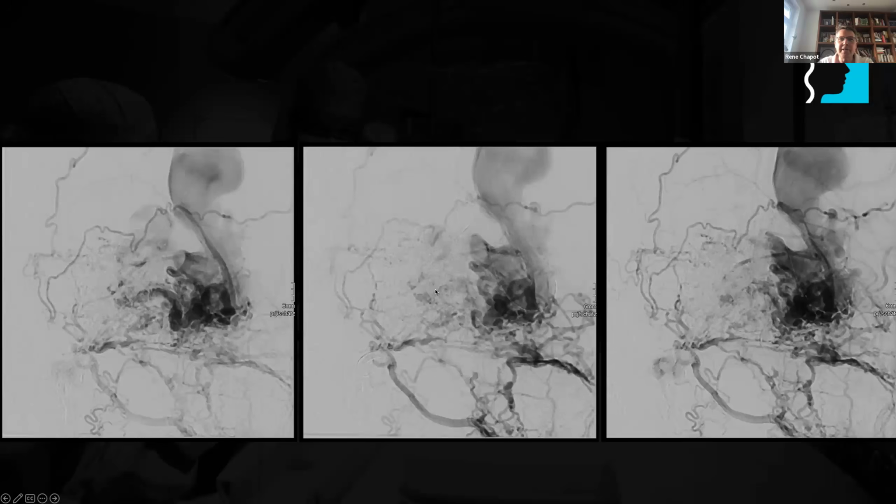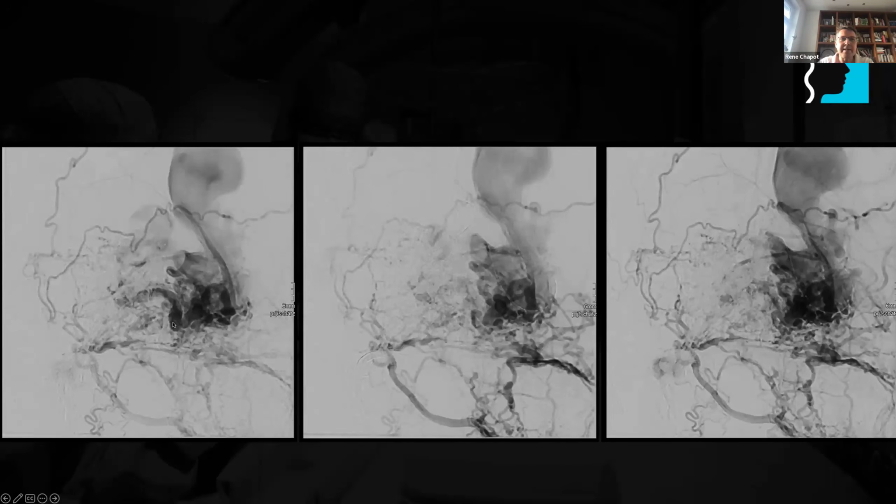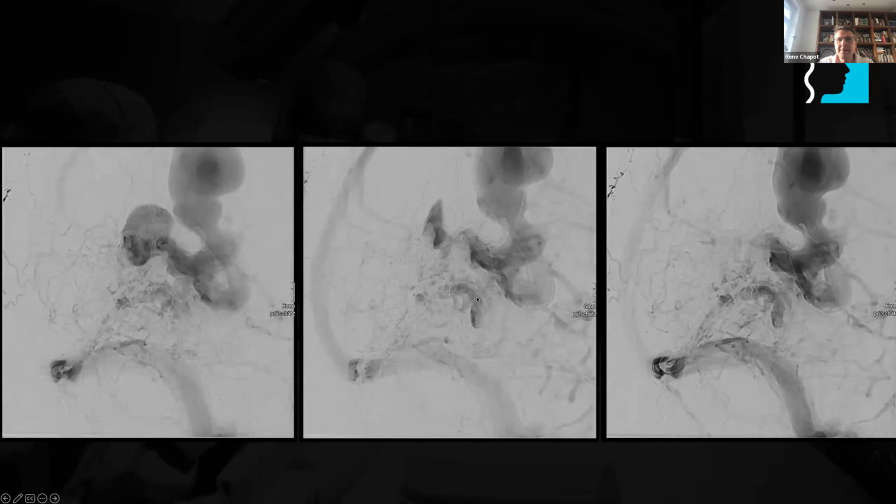I can show you again all 3 images at different stages from the left to the right, where you see that vein, which drains posteriorly, coming delayed, and also here very much delayed. So presuming that that vein was going at the level of the venous aneurysm.